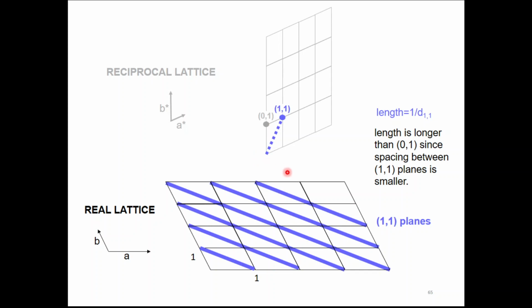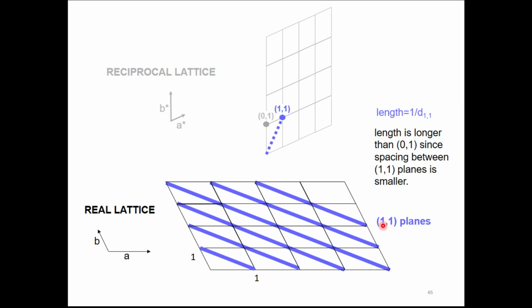And this is the 1 1 set of planes. Why 1 1? Because if we take this as the origin, then this plane cuts this a-axis and this b-axis at exactly 1 unit length distance, okay.